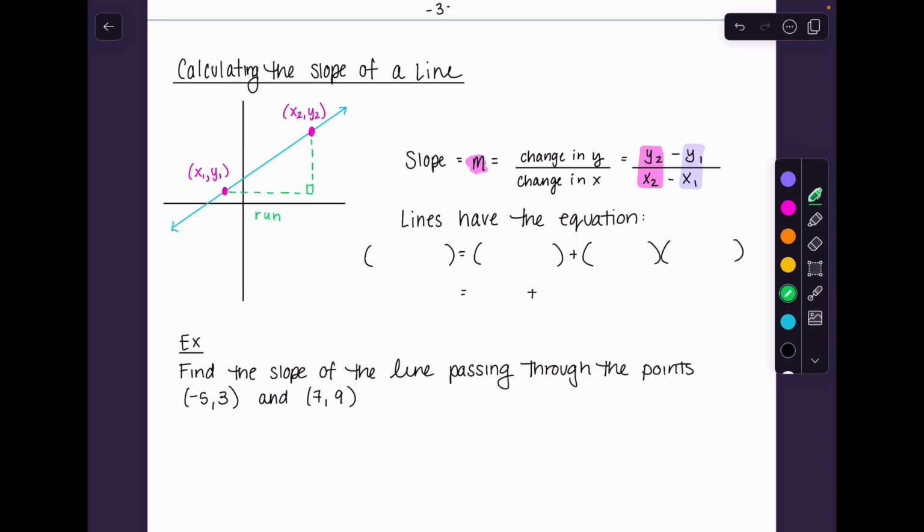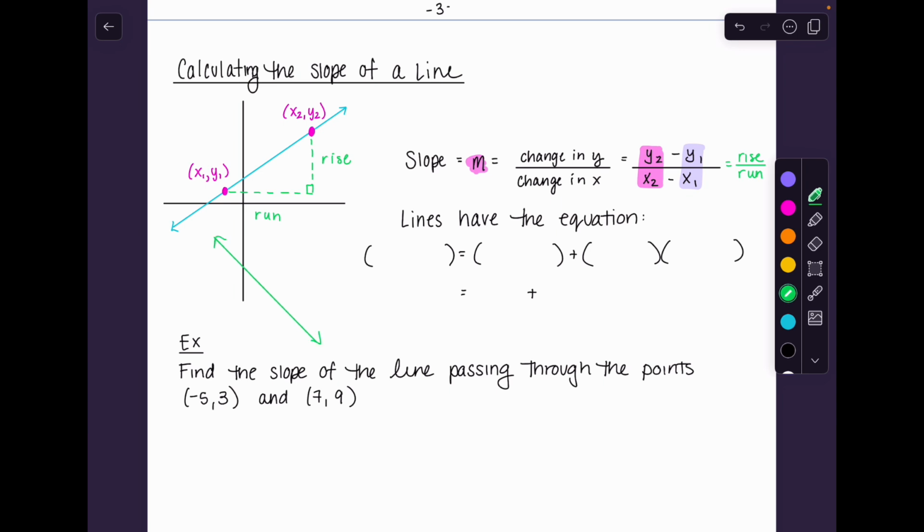And the distance we're changing vertically, which is the y values, is the rise. So you can also think of this as the rise over the run. How much your y is changing versus how much your x is changing. Your slope can also be negative if your graph is going this way because your run is, or your rise is negative.